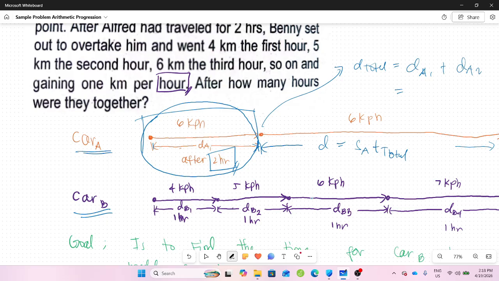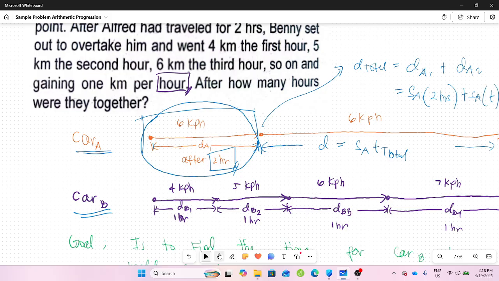So that's going to be the speed of car A times the time, which is 2 hours. While for this one, we have to put the speed of car A times the time, and we don't know that time.